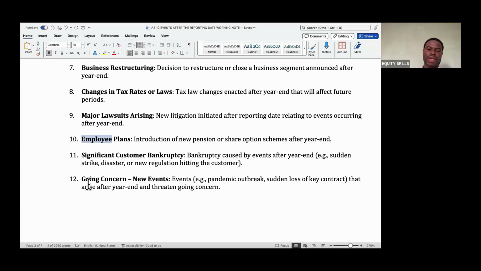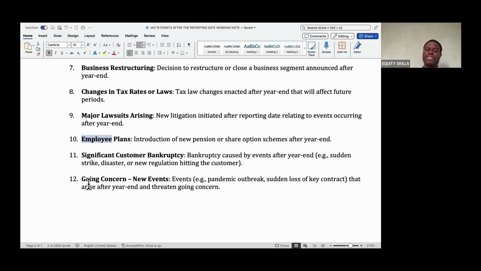Also, when we have new events that can affect the going concern of our business, that is also a non-adjusting event. That goes to show that if the going concern issue is as a result of prior year's events, it might be adjusting. We might have to update. In fact, we will not be able to prepare our report on a going concern basis for the prior year.